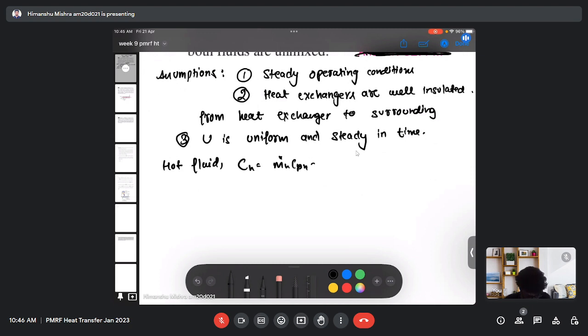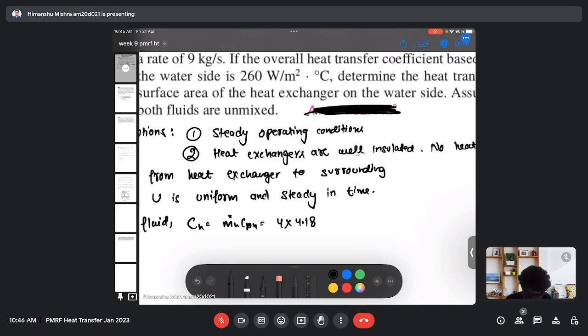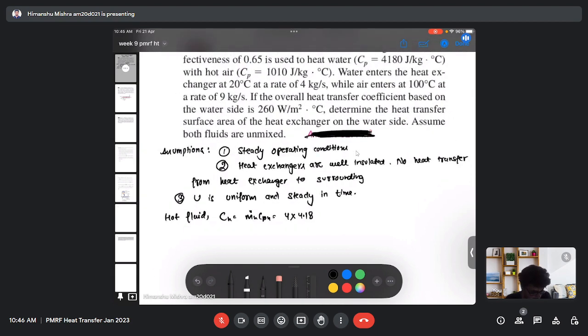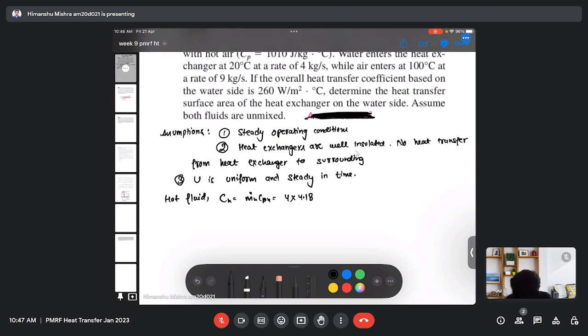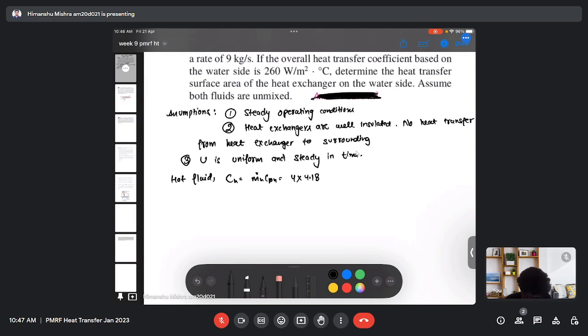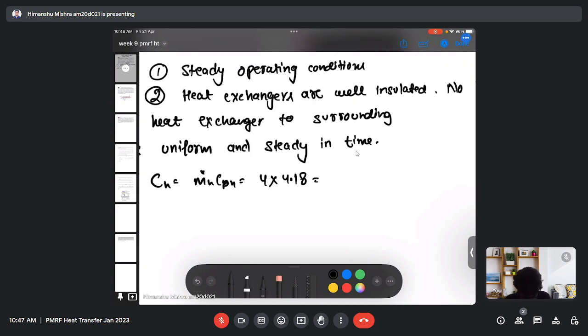This is the heat capacity for the water, with a mass flow rate of 4 kg per second and a specific heat of 4.18, so basically I'm considering water here, which gives 16.72 kilowatt per degree Celsius.